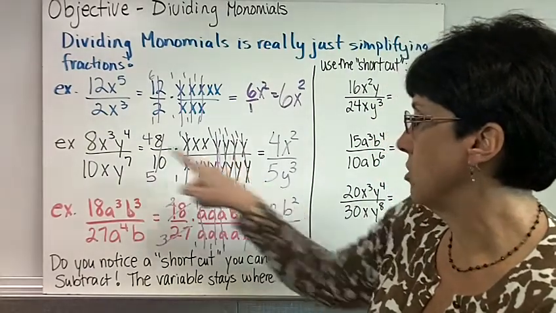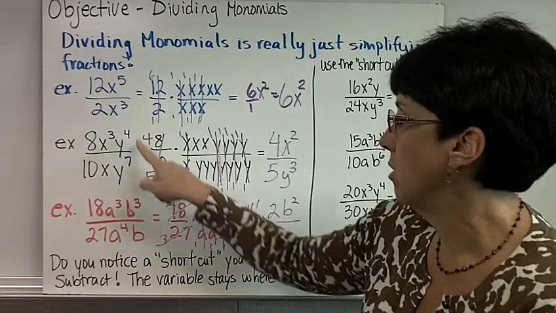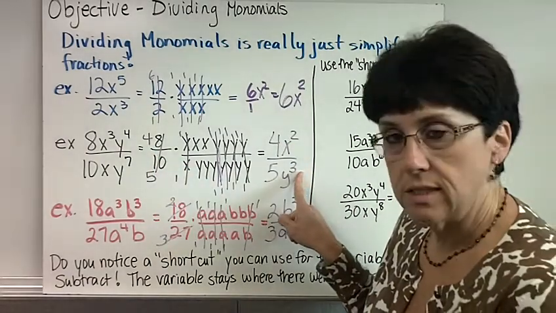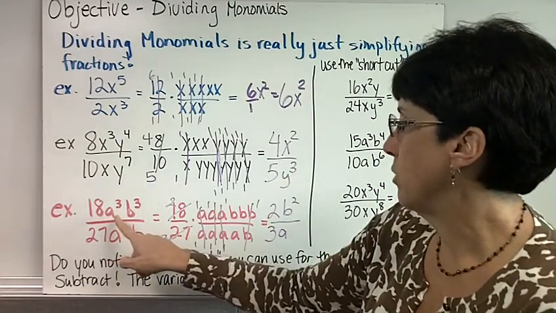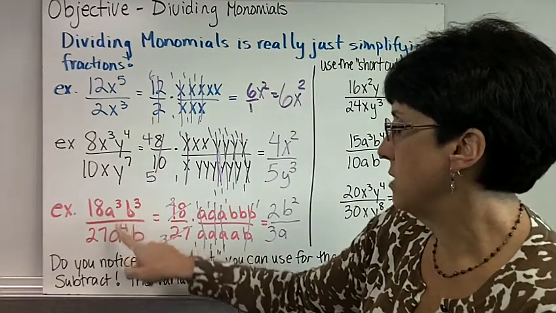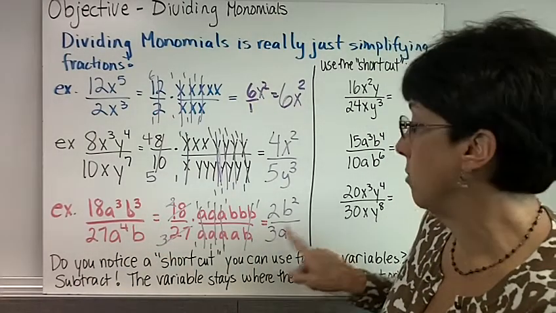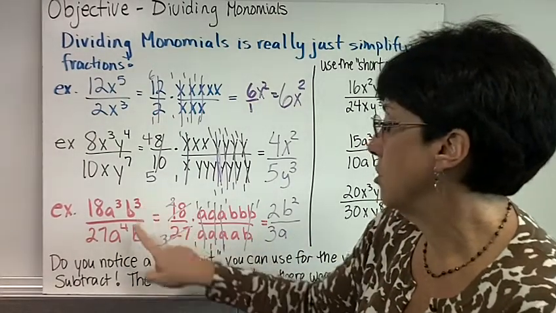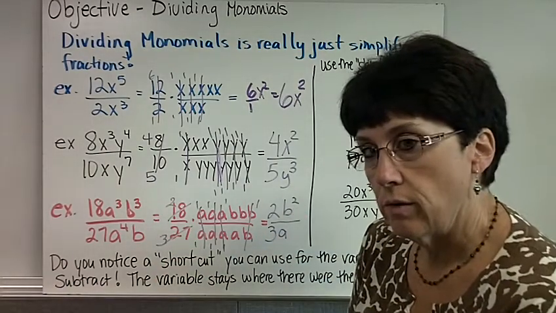And my final answer, I had 2 x's in the numerator and 3 y's in the denominator. And in this one I had 3 a's in the numerator, 4 in the denominator, and I ended up with 1 in the denominator. 3 b's in the numerator, 1 in the denominator, and I ended up with 2 b's in the numerator.